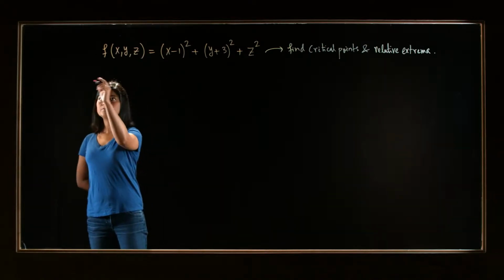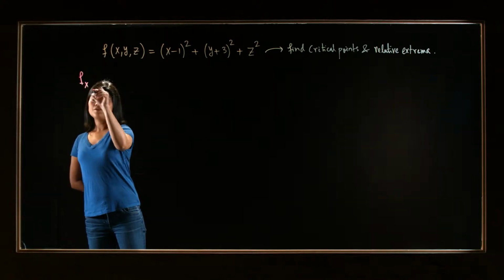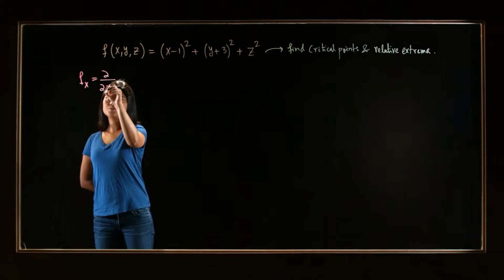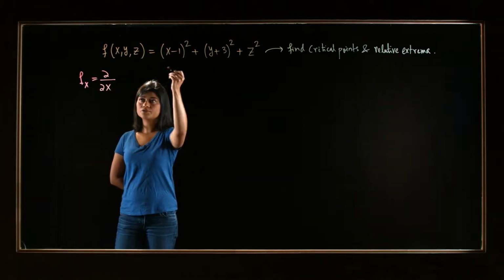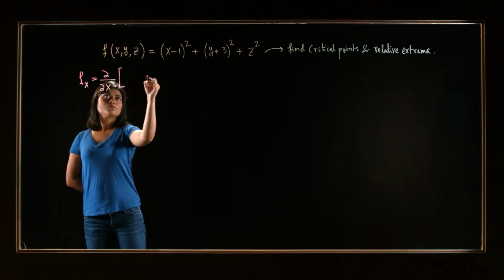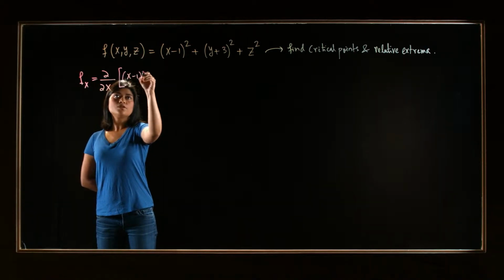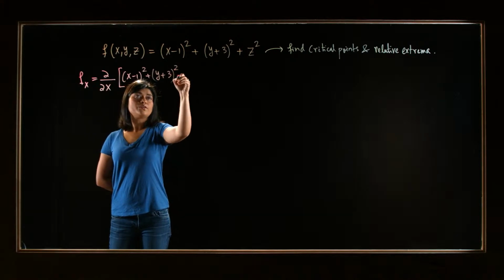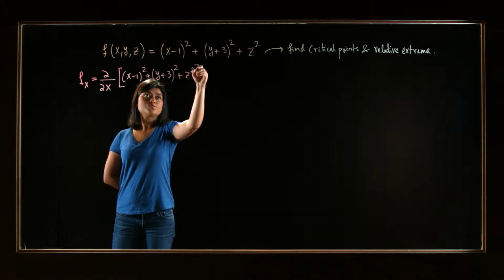So let's start by computing fx, and that is the partial derivative with respect to x of the function, which is (x minus 1) squared plus (y plus 3) squared plus z squared.